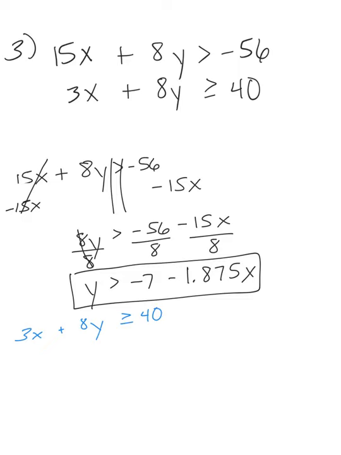Everything else is solved for y. So again, you subtract the 3x. It cancels. You have 8y.